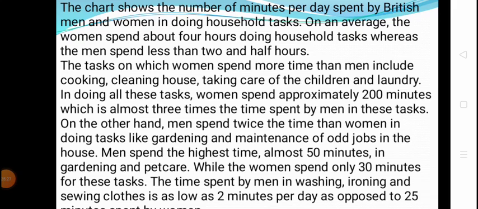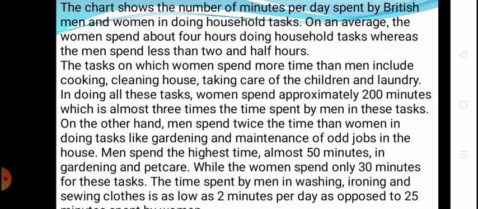On the other hand, men spend twice the time than women in doing tasks like gardening and maintenance of odd jobs in the house. Men spend the highest time, almost 50 minutes, in gardening and pet care, while the women spend only 30 minutes for these tasks.